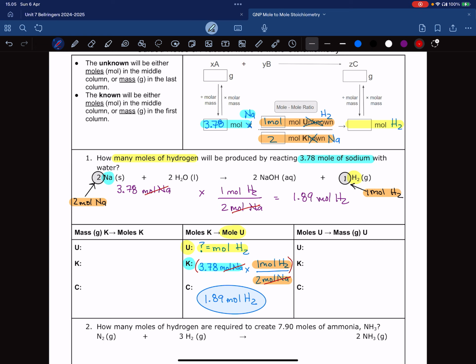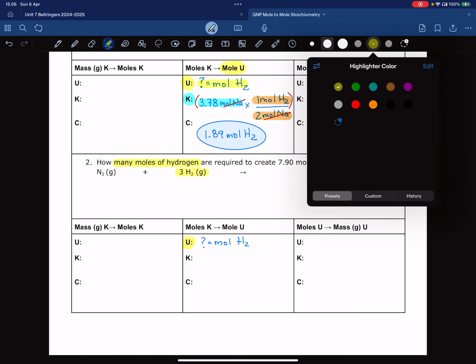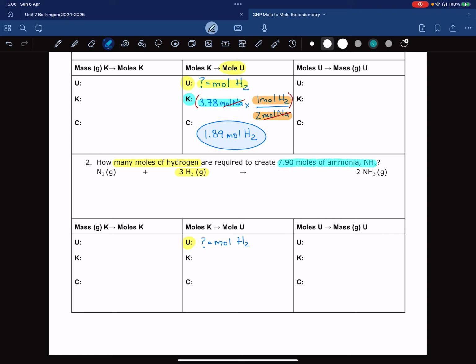All right, so let's try another one. How many moles of hydrogen are required to create 7.9 moles of ammonia? 7.9 moles of ammonia is the known.